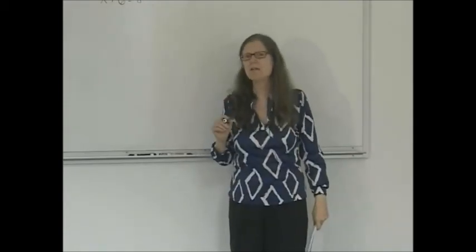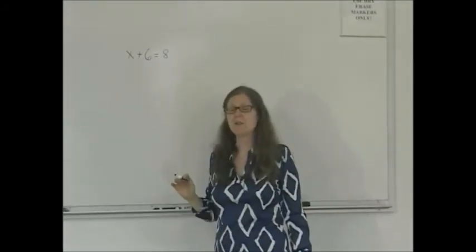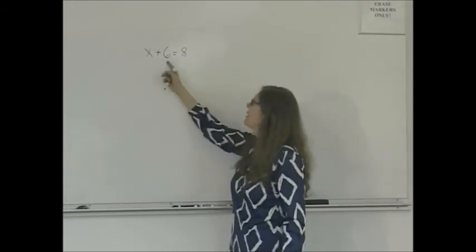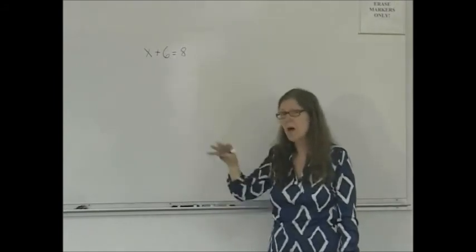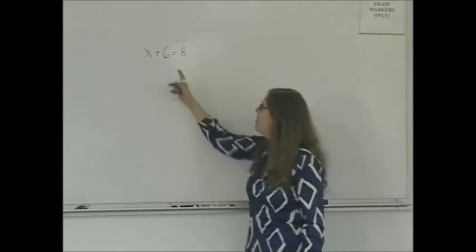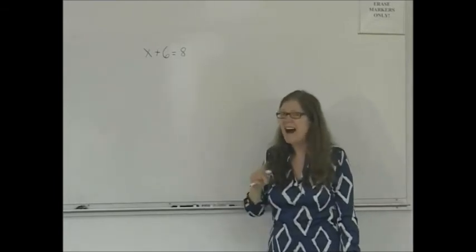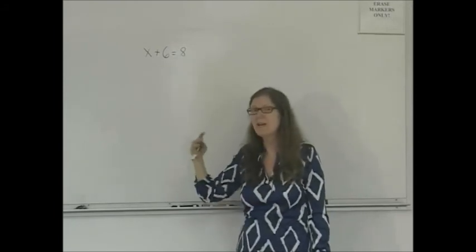But now let's see how we solve it. If I want to isolate x, so I can say x equals some number, I have to get rid of the 6 from this side. I have to get x all by itself on the left side. And how am I going to get rid of 6? I can't divide it by something because 6 divided by 6 is 1. That won't help me get rid of it.